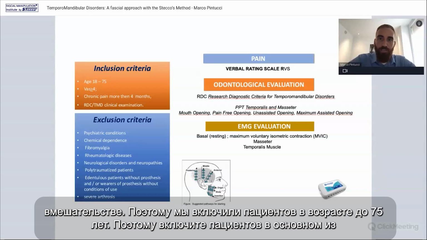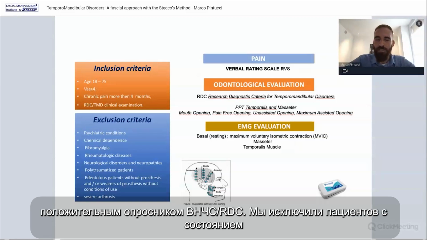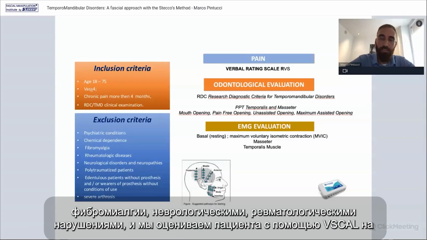We included patients up to 75 years of age, so from a wide age range, with chronic pain for more than 4 months and a positive RDC/TMD questionnaire. We excluded patients with a psychiatric condition, fibromyalgia, or neurological or rheumatological disorders.